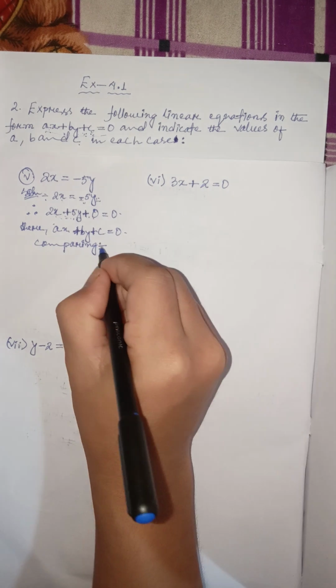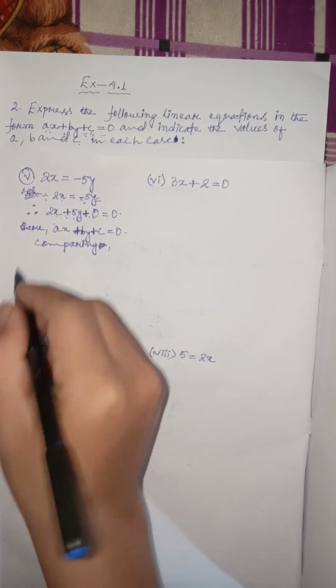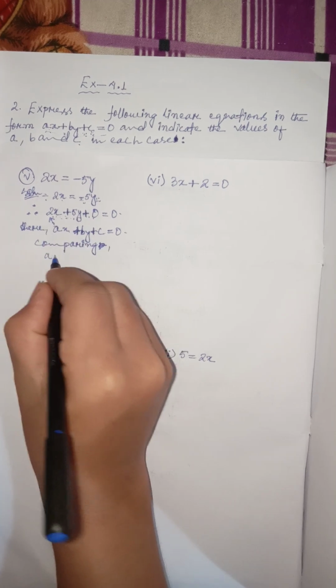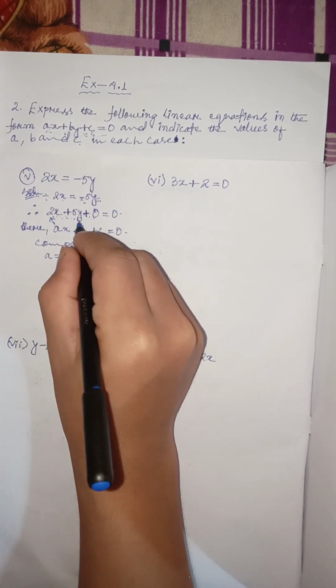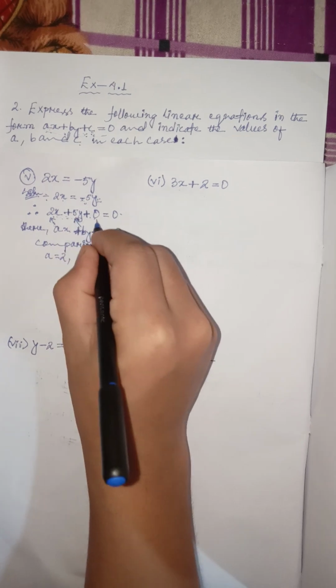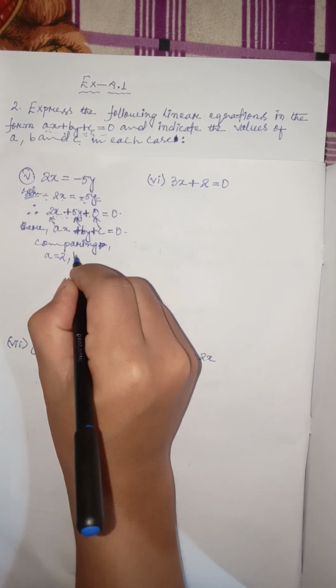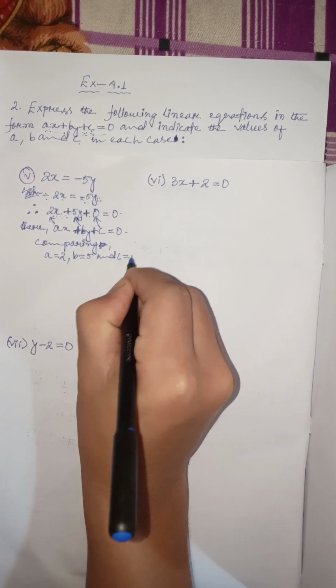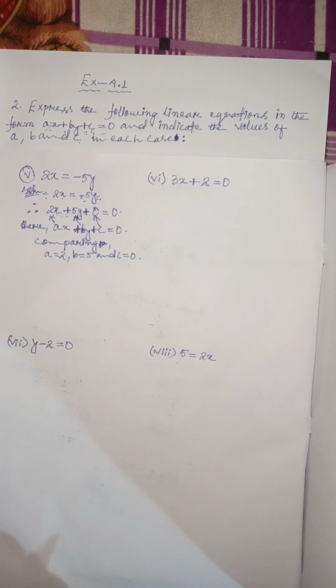Now let us compare this. After we compare this, what do we get? It is a = 2, and right after this b = 5, and c = 0. b is equal to 5 and c is equal to 0, right? So these are the values of A, B, and C in this Roman number 5.